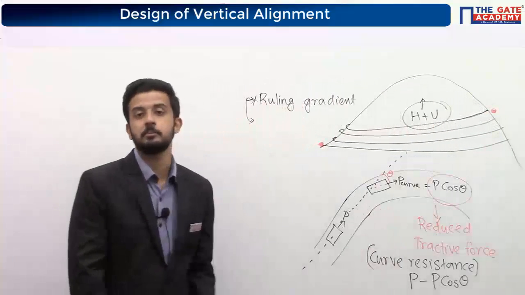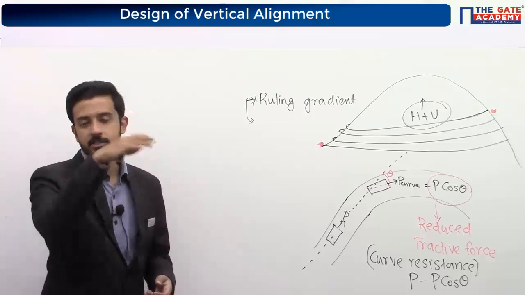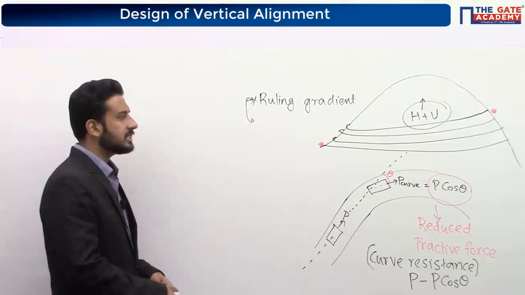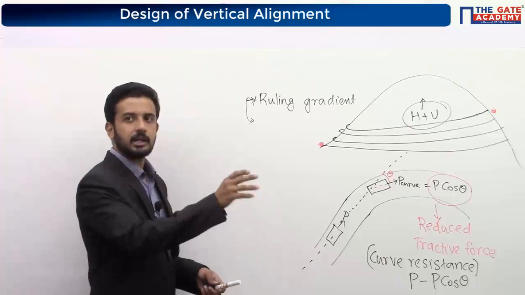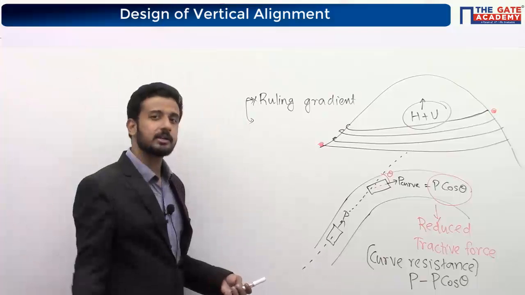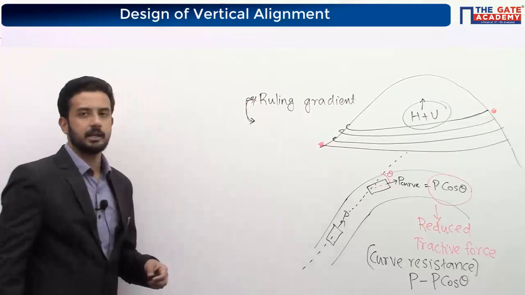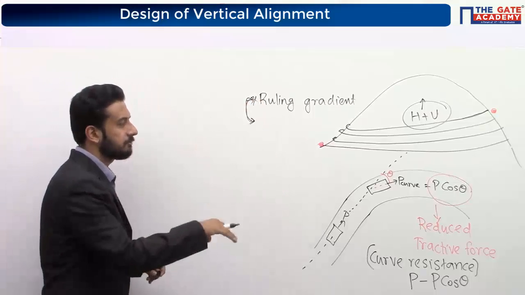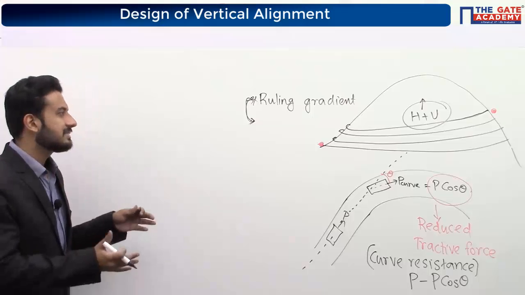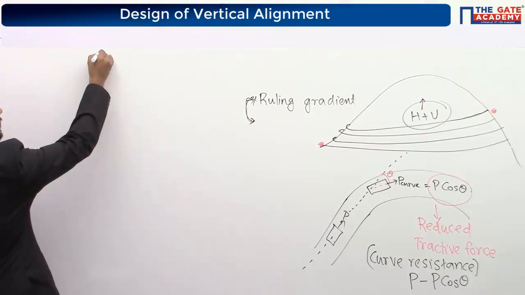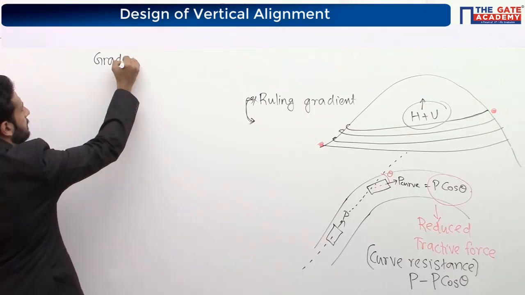These things also will come along with that vertical curve resistance. Okay, which means we cannot give that much vertical gradient because our total resistance is too much. So we have to reduce the gradient, the existing gradient. Okay, such process is called as grade compensation.